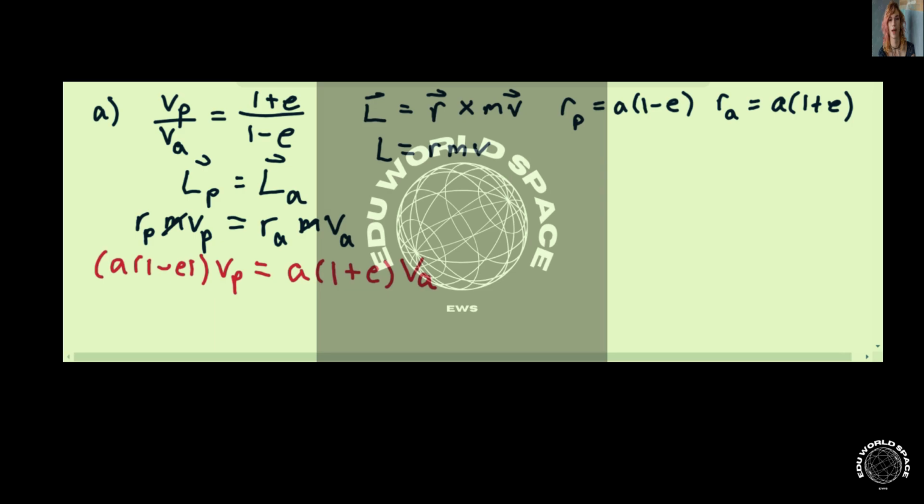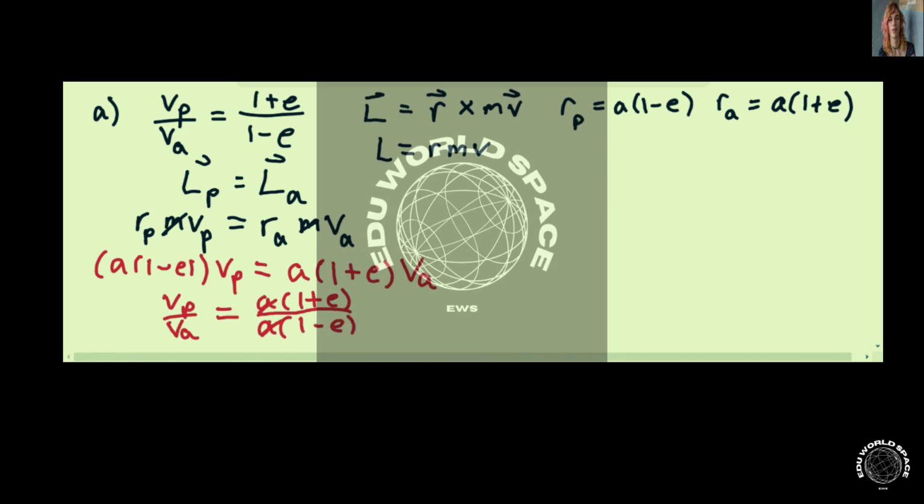All right. Next, I'm going to basically just divide, do a little bit of algebra, rearranging things. So if I divide both sides by Va, then I'm going to have Vp over Va over here, and then divide both sides also by that term right there, so that the right side of my equation ends up being what I already had, a times 1 plus e over that term, a times 1 minus e.